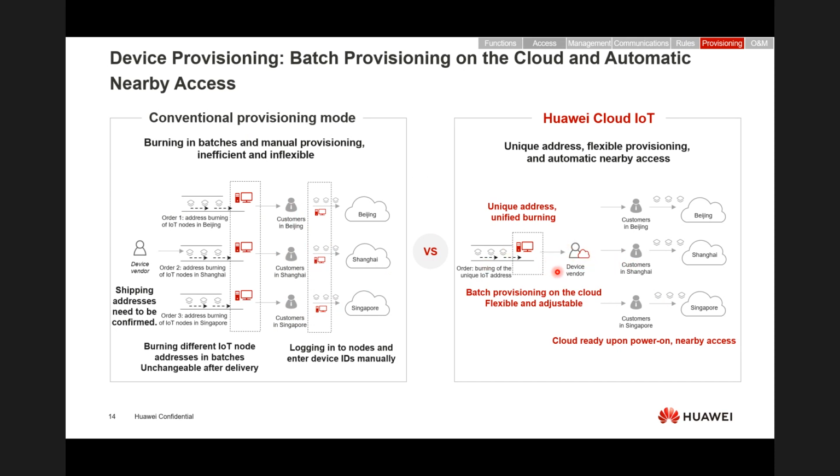Devices are redirected automatically, maybe from Shanghai to Beijing, or from Singapore to Beijing. No need to change the code of your devices. You just set up some parameters or rules within IoTDA, and it will be provisioned automatically.